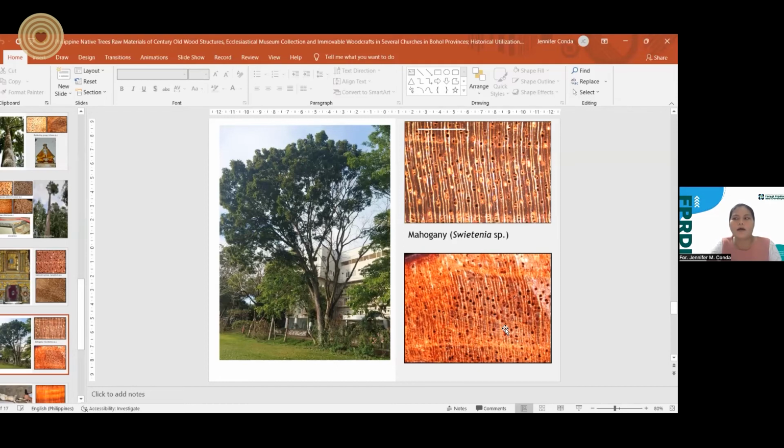But the problem is that the National Historical Commission has previously done restoration, and with the implementation of PD 705 in the Philippines, which bans the harvesting of native timber species in primary and secondary forest, they had no option but to use plantation species or invasive species as alternative materials for the original ones.